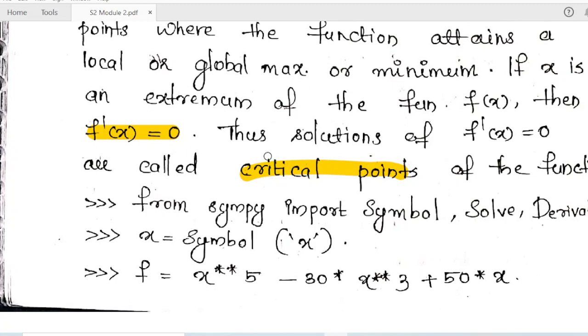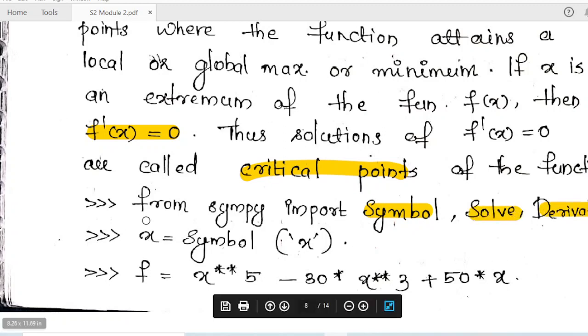Now let us see an example program to find the global maxima and global minima of a function. From SymPy, import symbols, solve, diff.